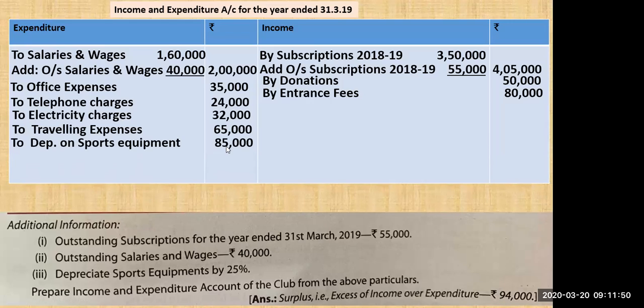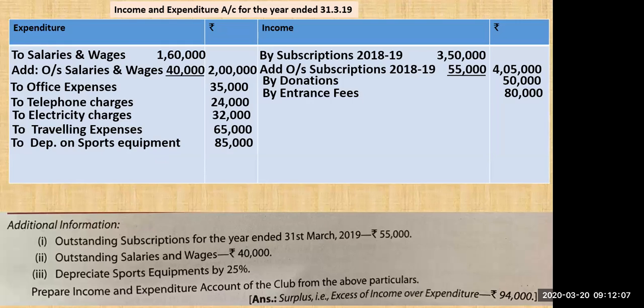So this will be shown on the expenditure side. And second, in the balance sheet, deduct this amount from the sports equipment on the asset side in the closing balance sheet.